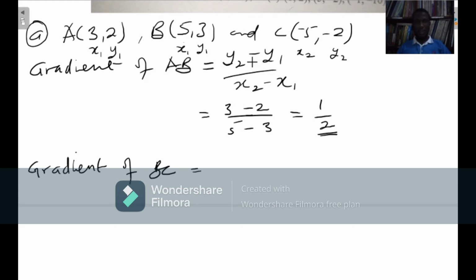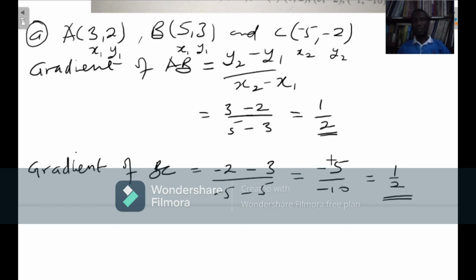So fixing it into this formula, our y2 is now negative 2 minus our y1 is 3, then our x2 is negative 5 minus x1 5. This will give us -5 over -10, which will give us 1/2 also.